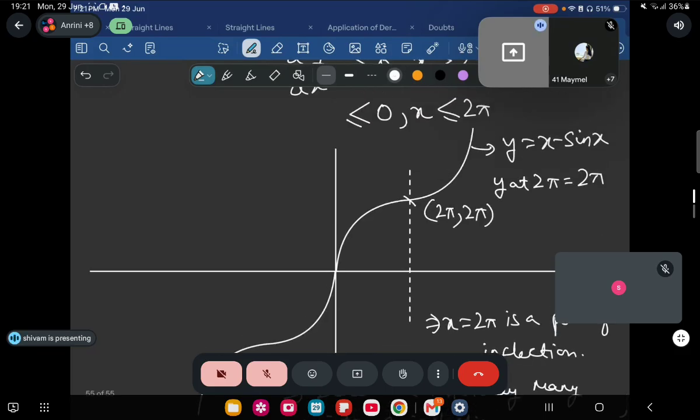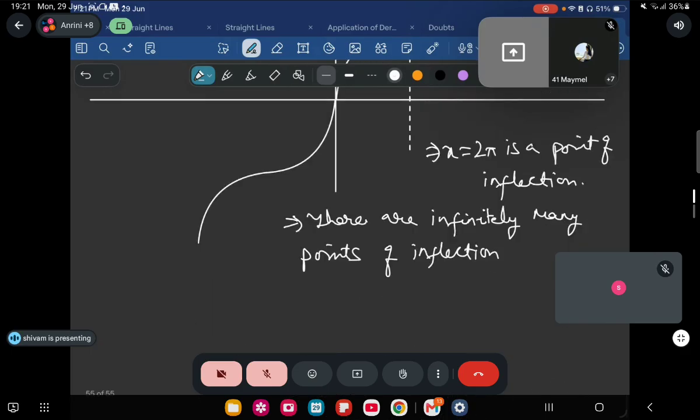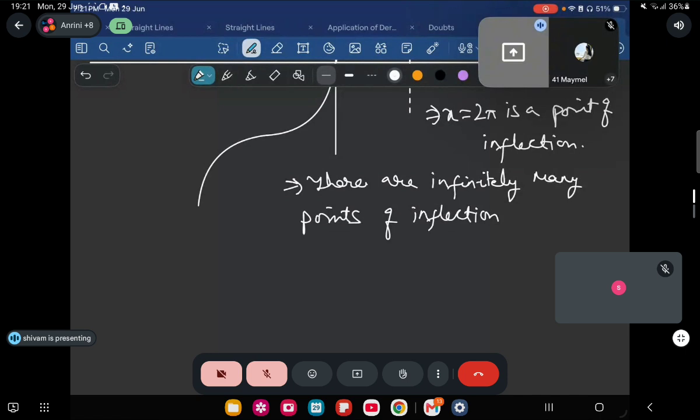Next, if I want to write down the equation of tangent, how do I write down the equation of tangent? Tell me.